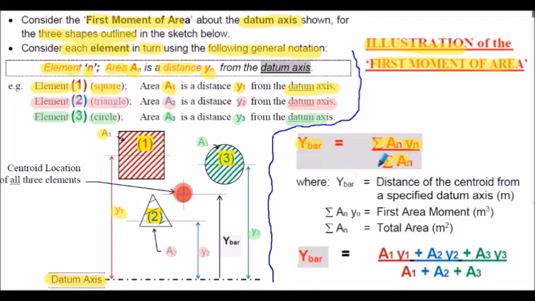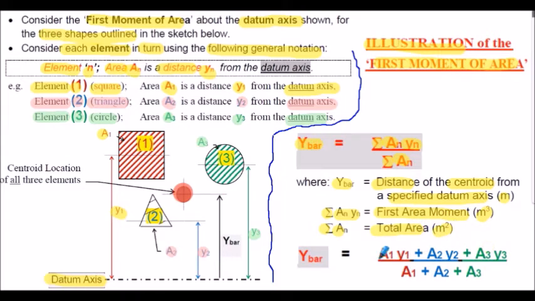So for our nomenclature, the Y-bar is the distance of the centroid from the specified datum, that will be in metres, and the summation of the ANs will be the total area of the section in metres squared.